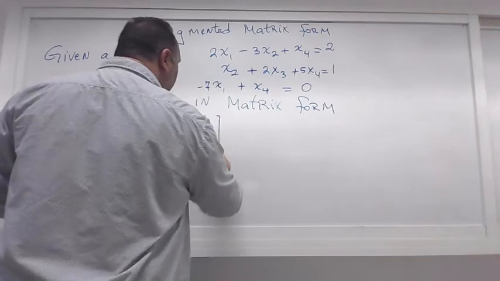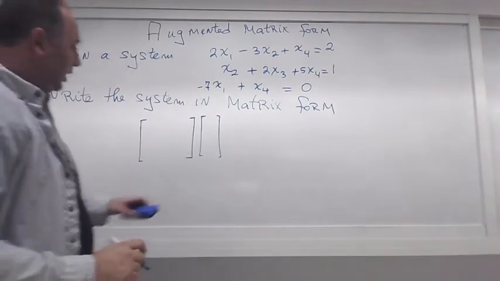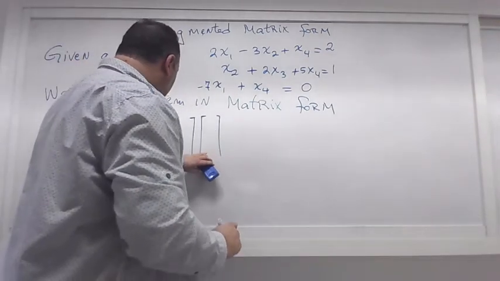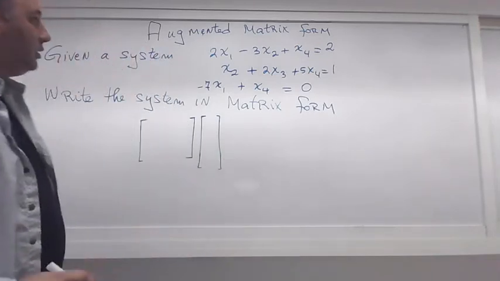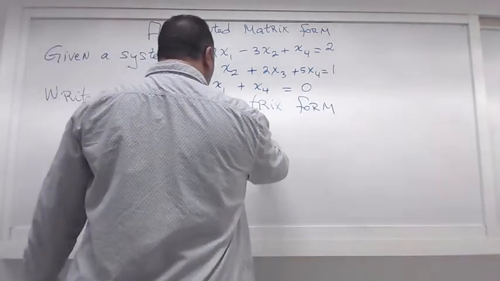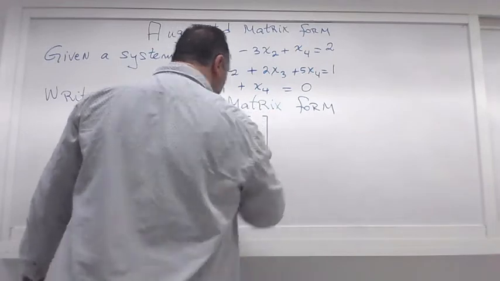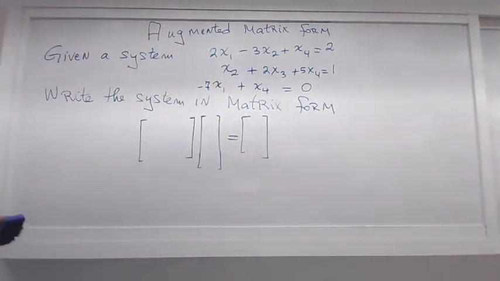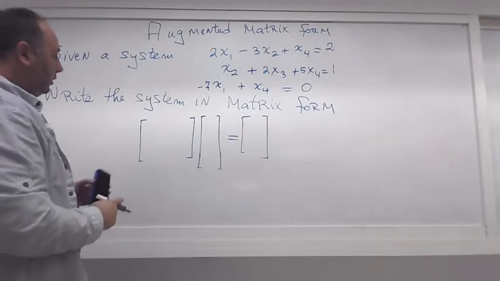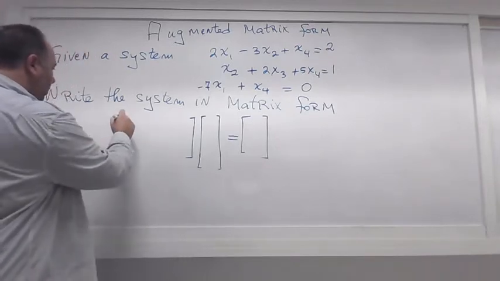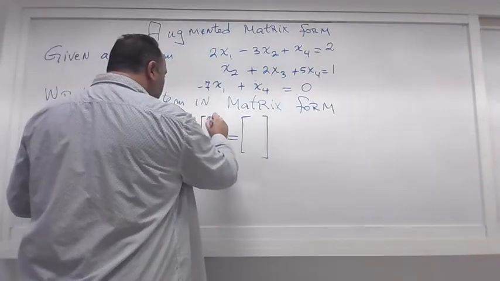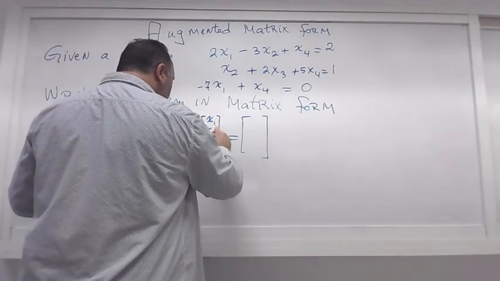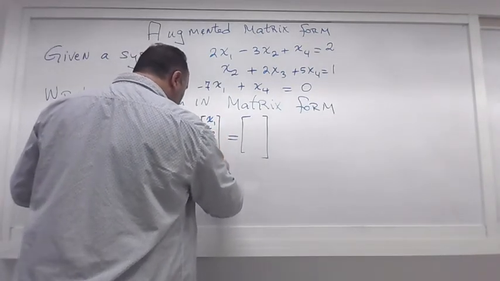So this will imply a couple of things that we haven't seen yet. We'll see later on. Multiplication of matrices. But this is just to make sure that you get exposed to the notation. Okay, so my variables are here, x1, x2, x3, and x4.